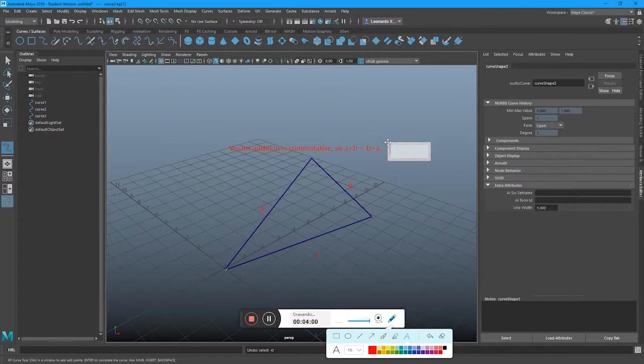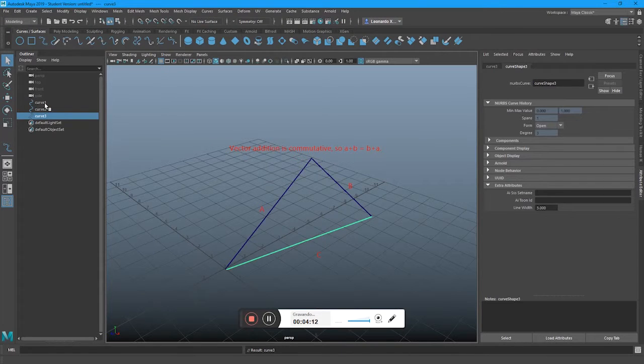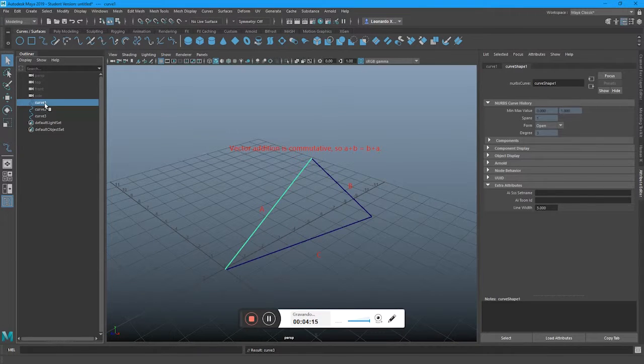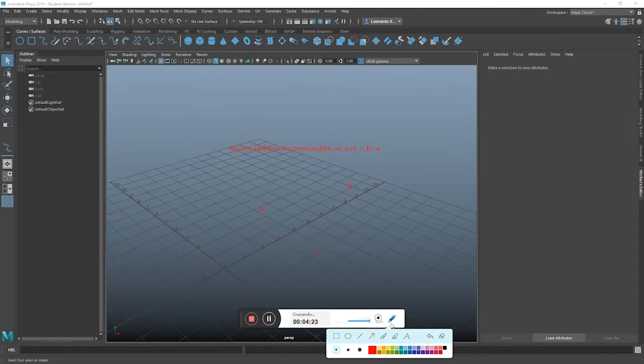Now we are going to do the subtraction of vectors. Let's delete this and all of these.